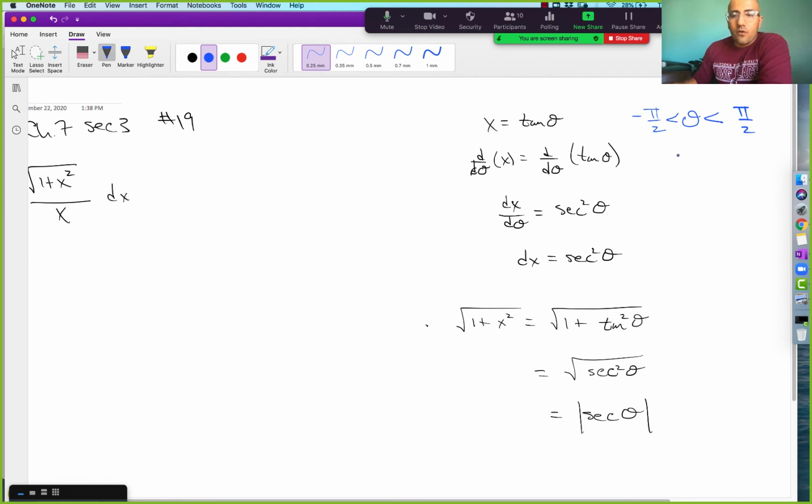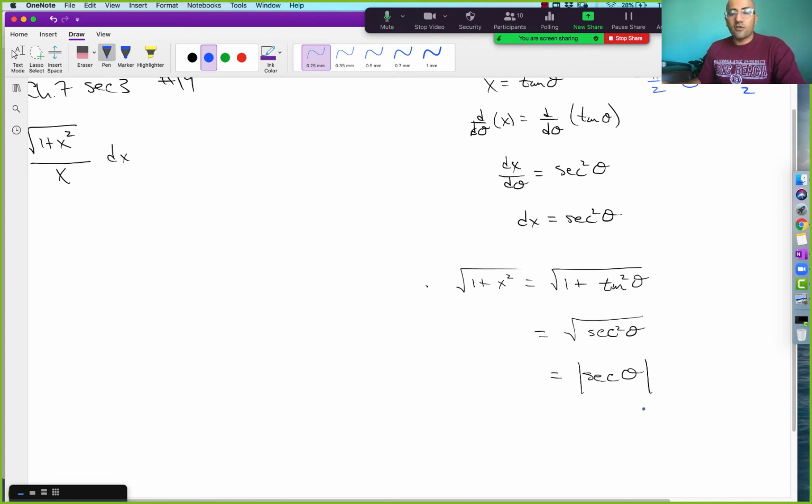Those are quadrant 4 and quadrant 1, and this restriction gives us a one-to-one function for theta. In that region, cosine is always positive, so secant is always positive.